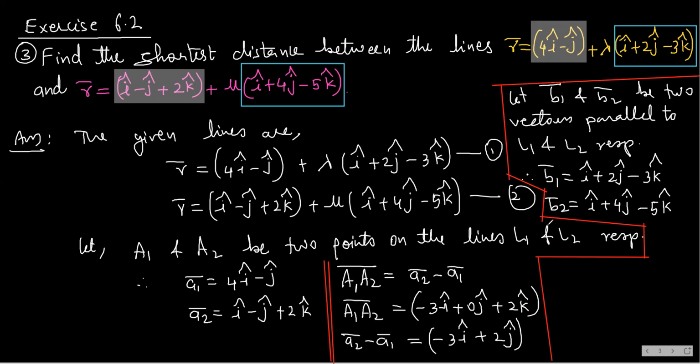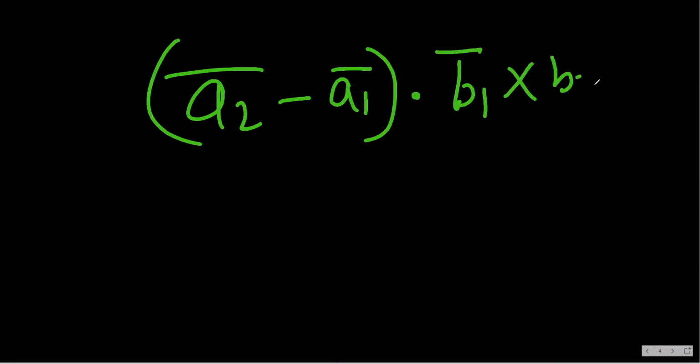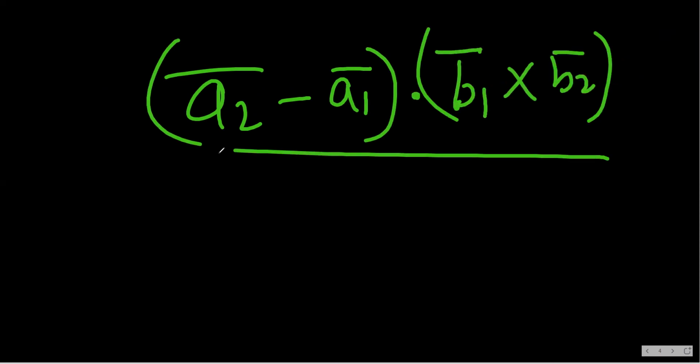I will now find out B1 bar cross B2 bar. You know, students, in the formula we need what? B1 bar cross B2 bar. What was the formula for the shortest distance? The formula was: the shortest distance is A2 bar minus A1 bar dot B1 bar cross B2 bar upon mod of B1 bar cross B2 bar.